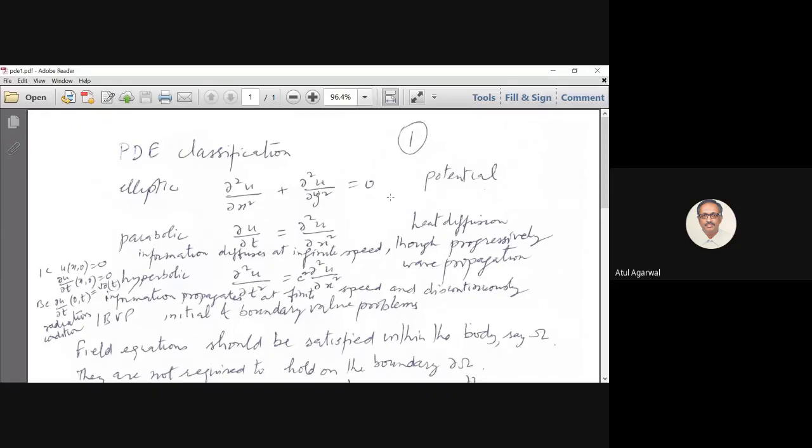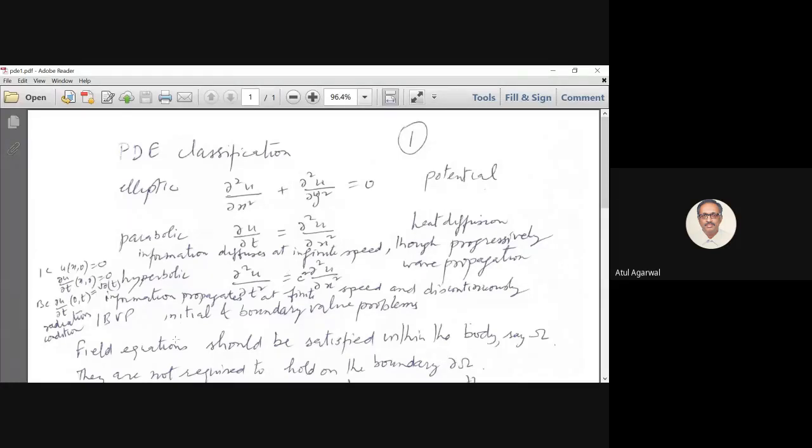Then you have the parabolic differential equation, where you have one time derivative equal to the others, which are second order derivatives with x or y and z. So this is a heat diffusion equation. This is called a parabolic differential equation.